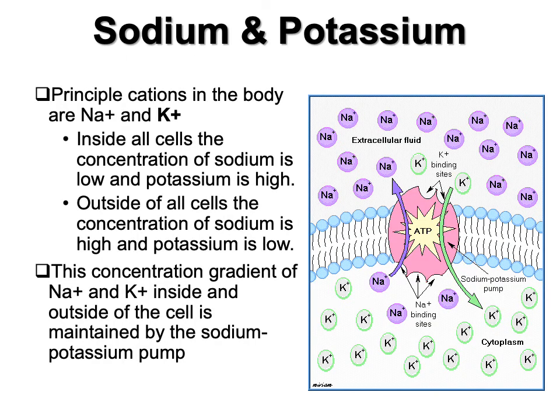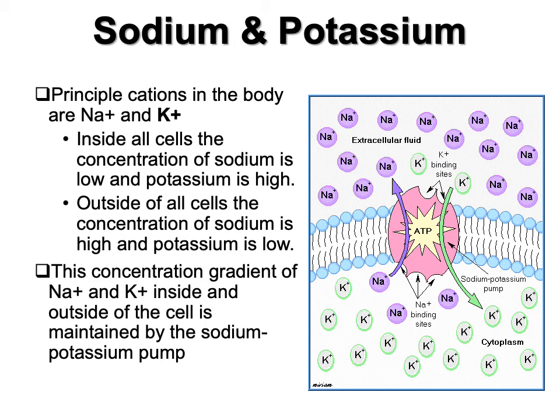Sodium and potassium. Principal cations in the body are sodium and potassium. Inside all cells, the concentration of sodium is low and potassium is high. On the outside of cells, it's the opposite. The concentration of sodium is high and potassium is low.